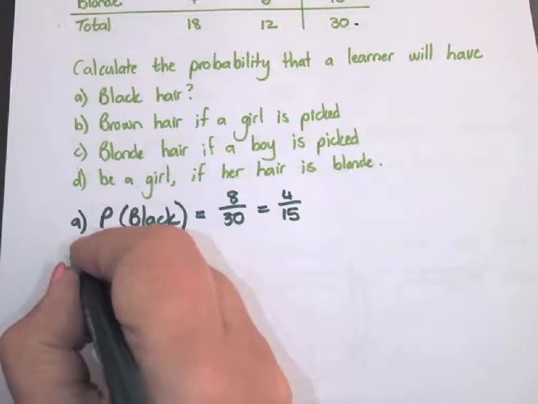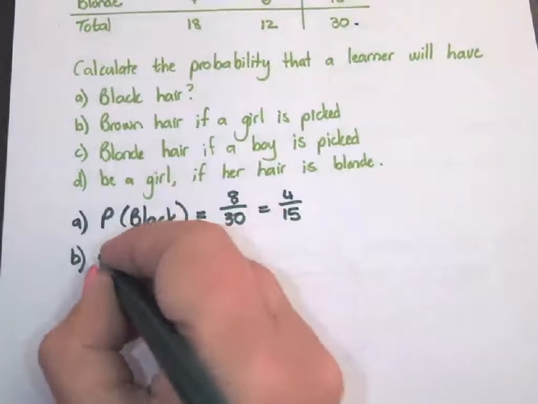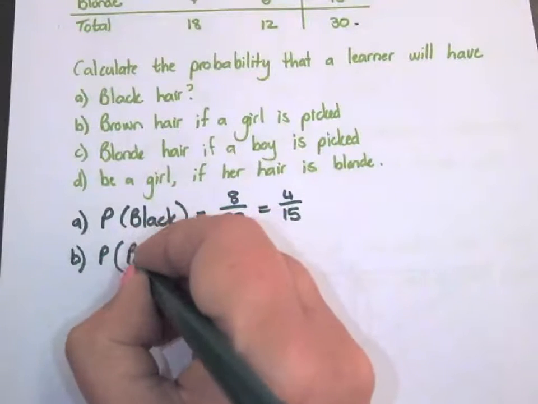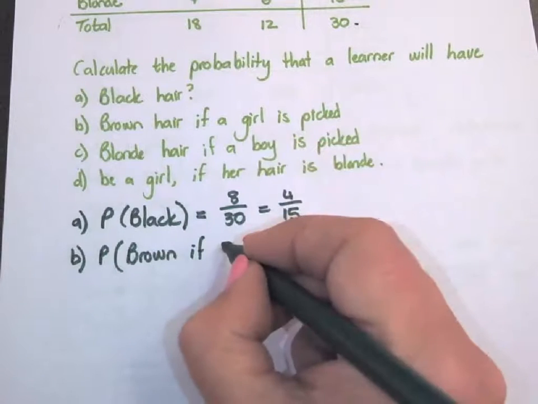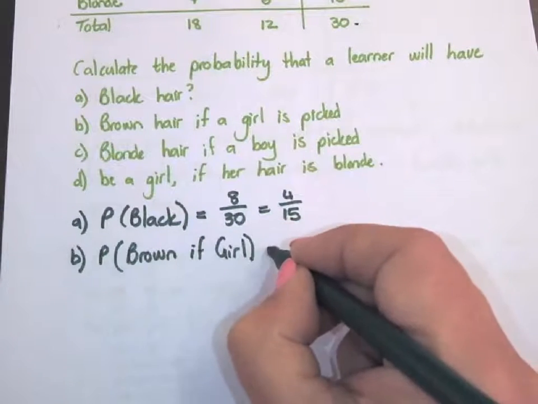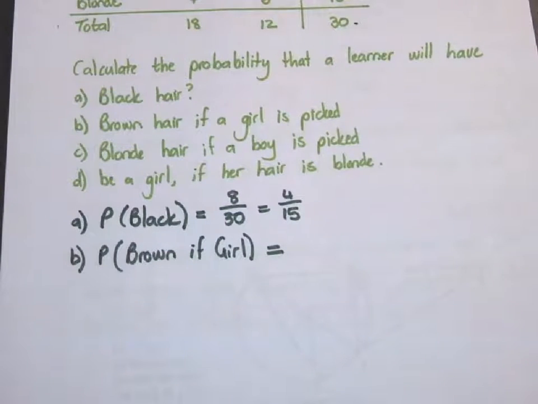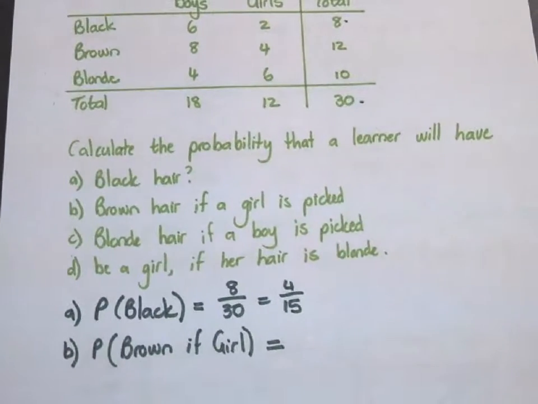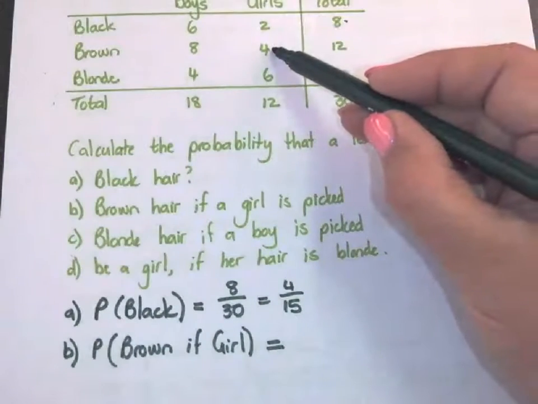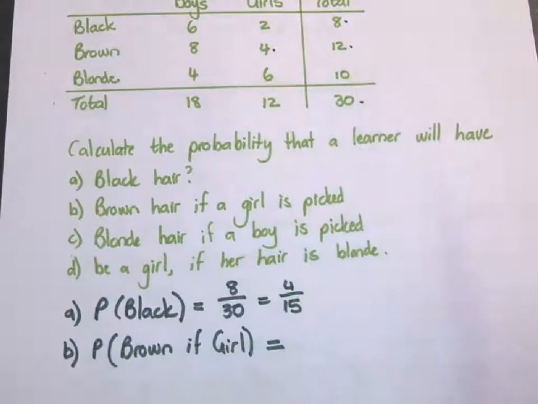Number B, the probability of brown hair if a girl is picked. So we look at brown hair for girls, 4 out of 12.